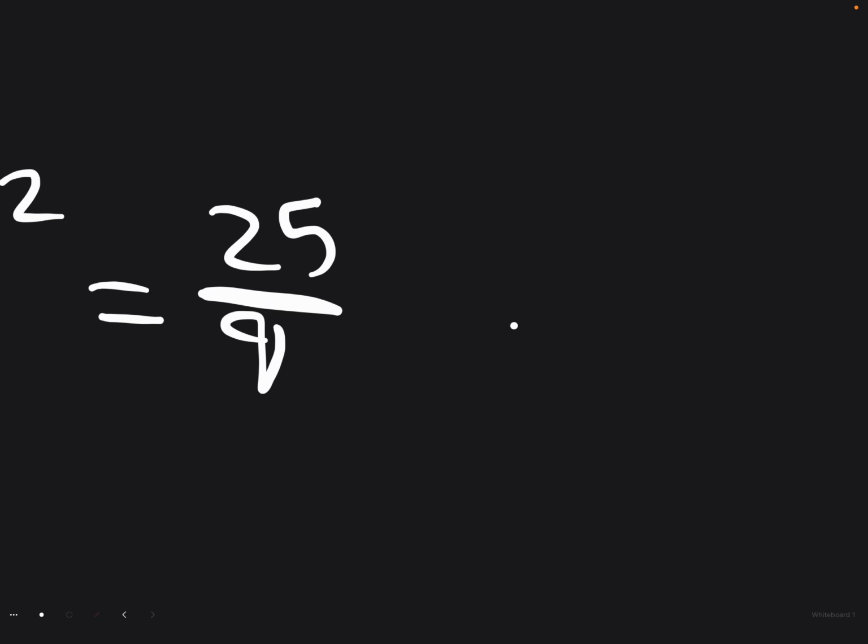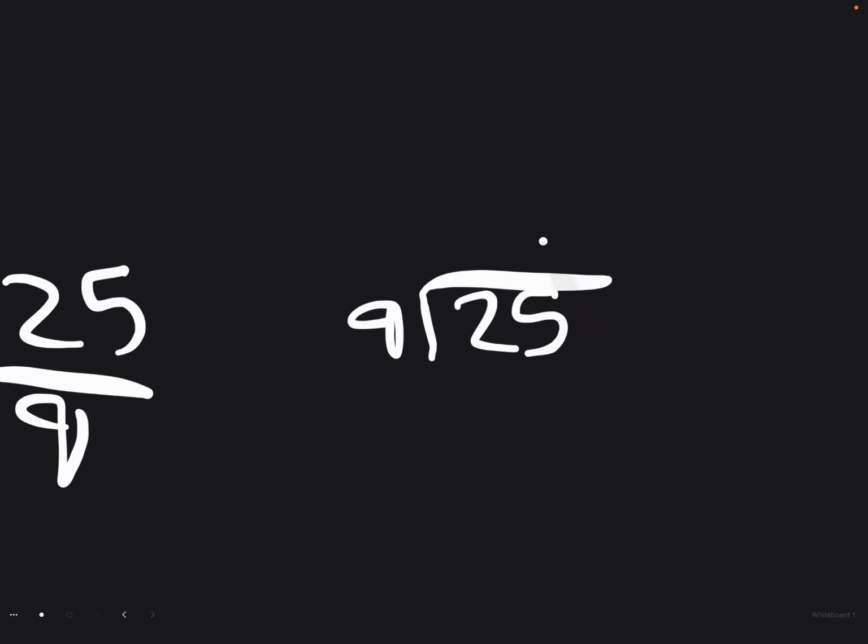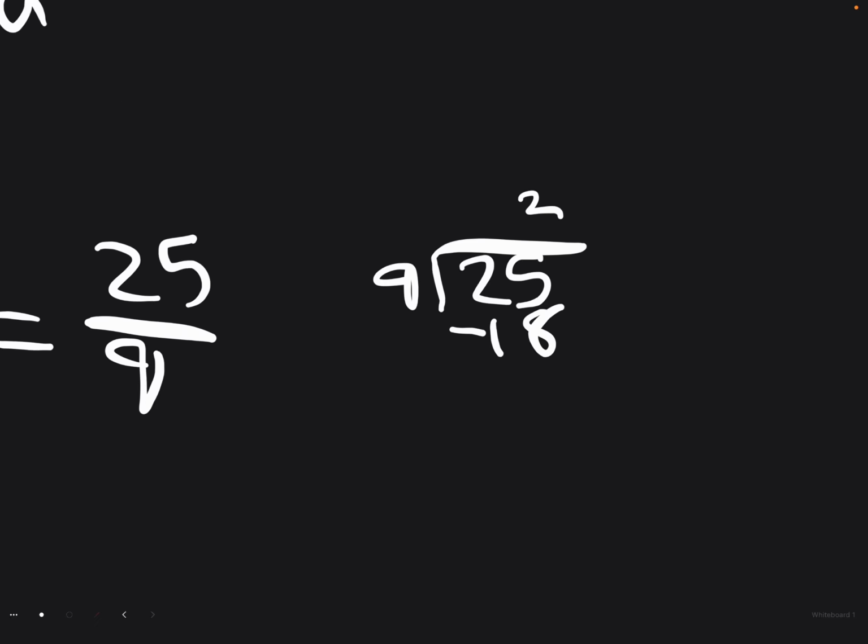We divide 25 by 9, which gives 2, and this is the whole number in our mixed fraction. Then we do 25 minus 18, which is 7. So our value is 2 and 7/9 for our mixed fraction.